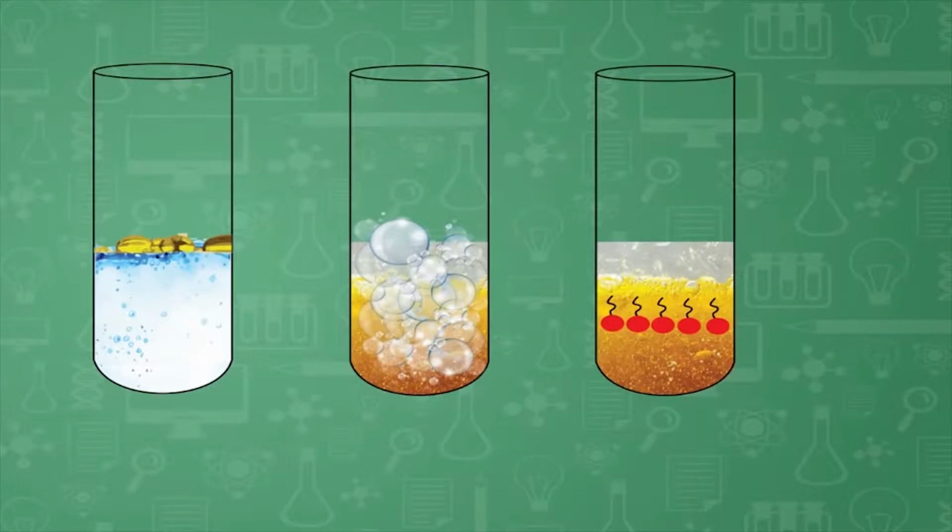That is because the hydrophilic part dissolves in water and the hydrophobic part of the molecule dissolves in the oil, because it is covalent and the oil is also a covalent compound. Thus, the structure of the molecule allows oil and water to mix with each other.